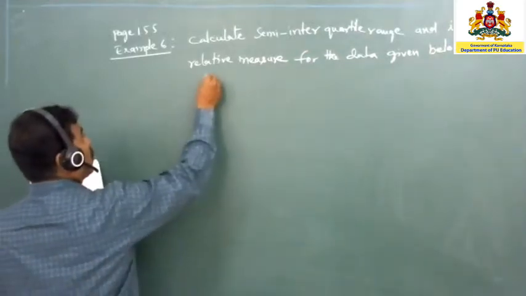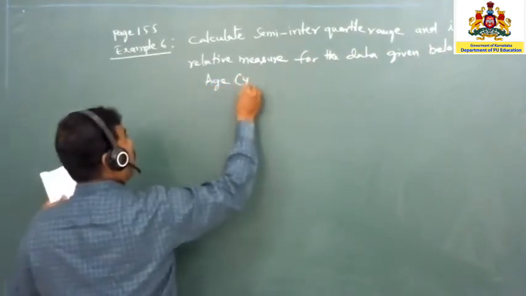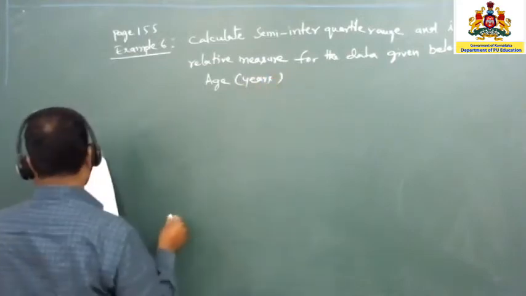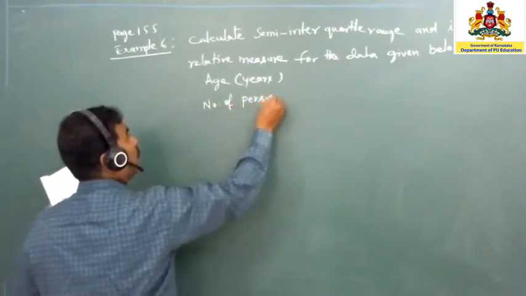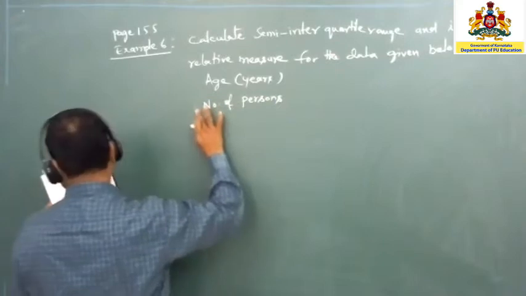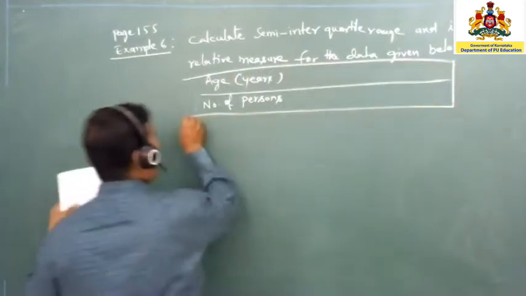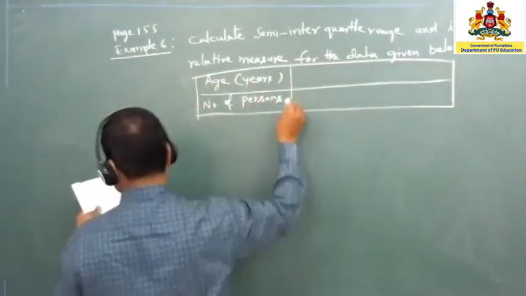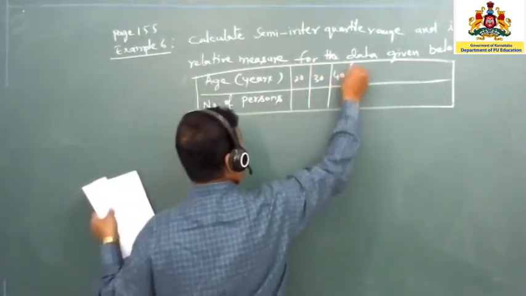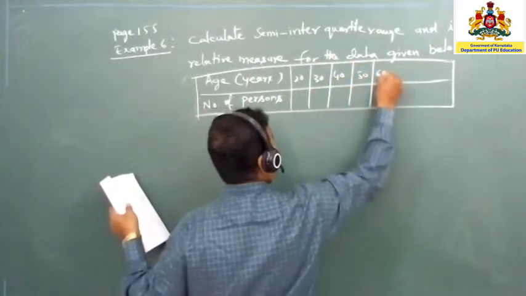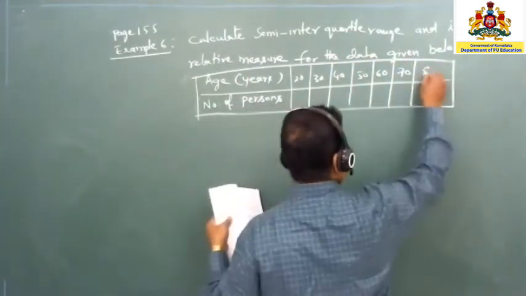Data: age within brackets in years, number of persons. Age: 20, 30, 40, 50, 60, 70, 80.